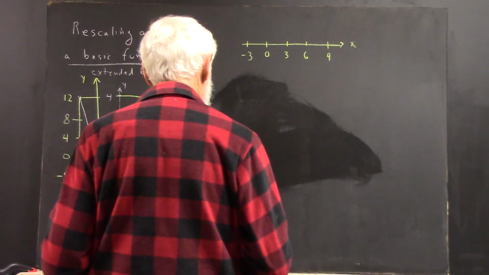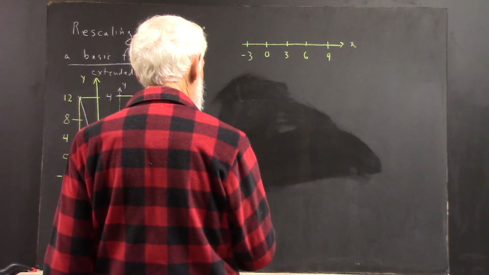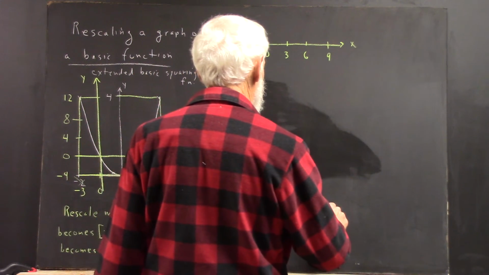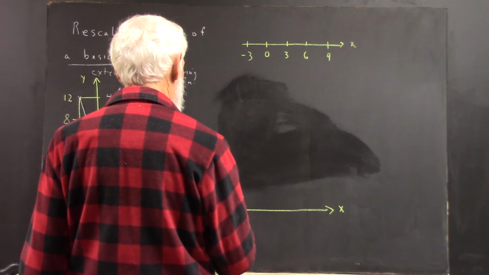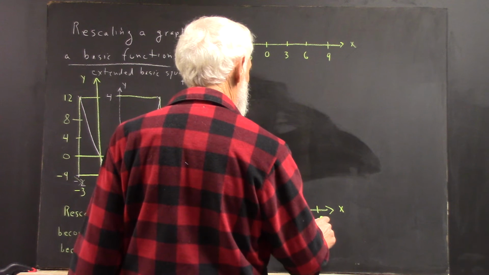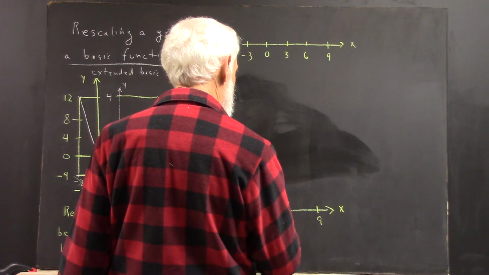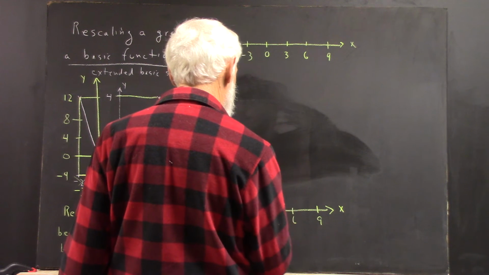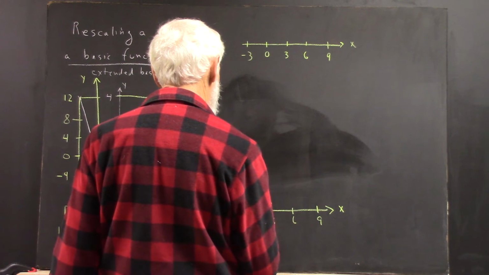And now, I'm going to put my x-axis down here, negative 3 here, 9 here, 3, 6, and 0.